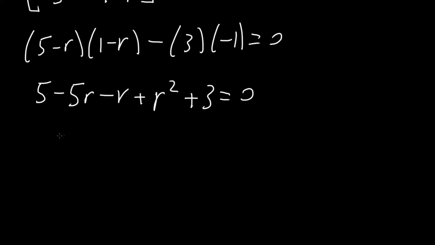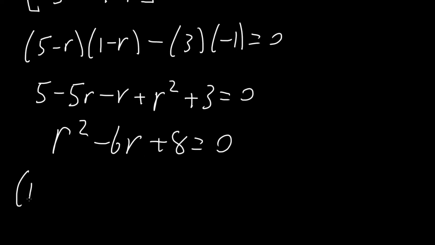We can group this and say r squared minus 6r plus 8 is equal to 0. Next we can factor this, and we get (r minus 2) times (r minus 4) is equal to 0, because negative 2 times negative 4 is 8, and negative 4r minus 2r is negative 6r.